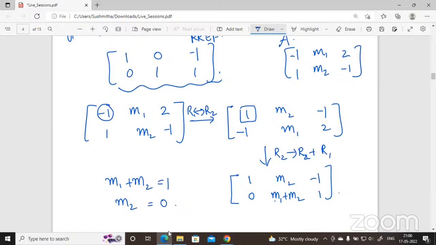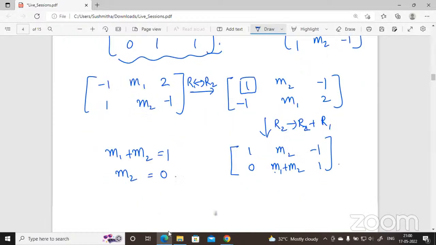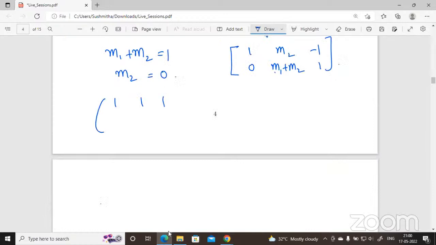Ma'am, do I need to follow an order? Your question is, can I do R2 equals R2 plus R3 to make this entry 0, right? Yes. Please make one entry positive one and the row 3 entry negative one.